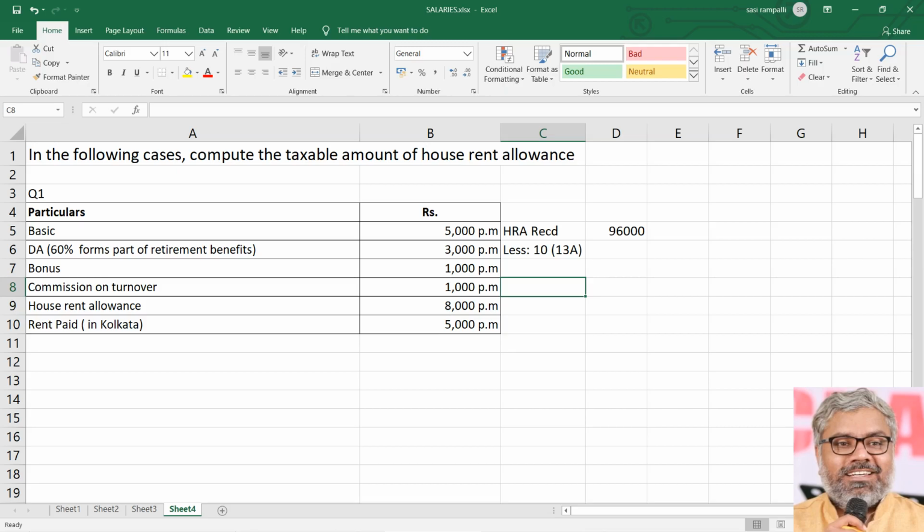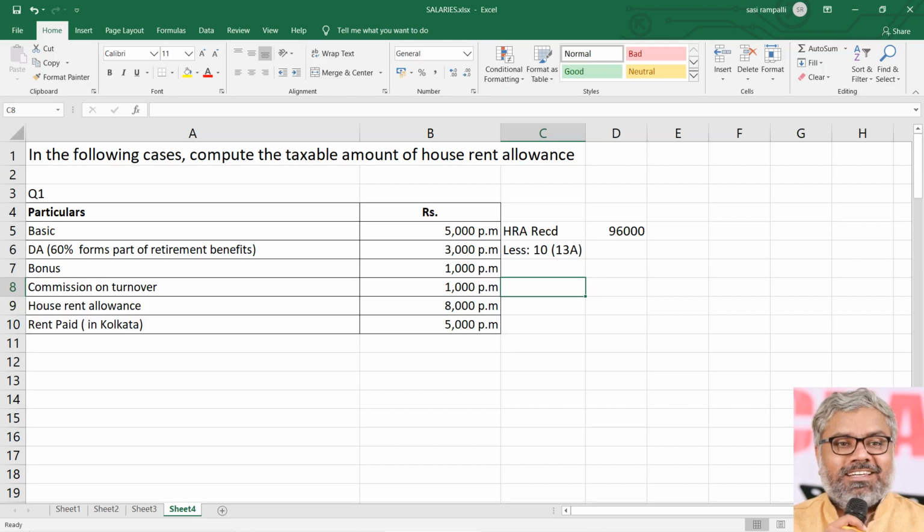For that purpose, we need salary. Before calculating the exemption of HRA, first we should find out the amount of salary for the purpose of computation of exemption of HRA, which is nothing but basic plus DA forming part of salary, plus commission as a percentage of turnover achieved by the employee.